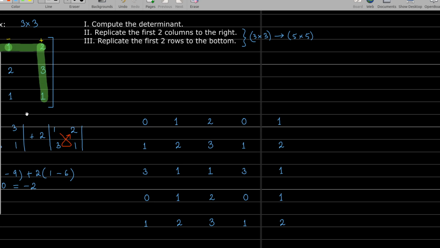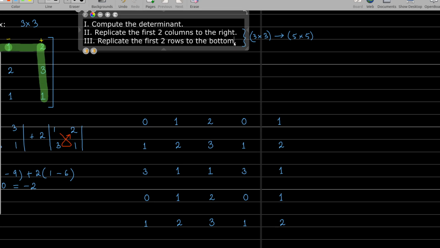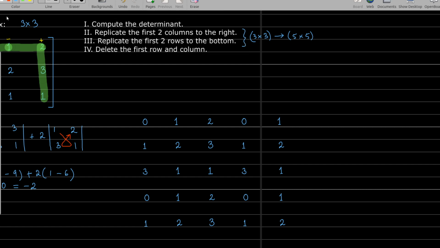Now from this resulting matrix, you delete the first row and the first column.